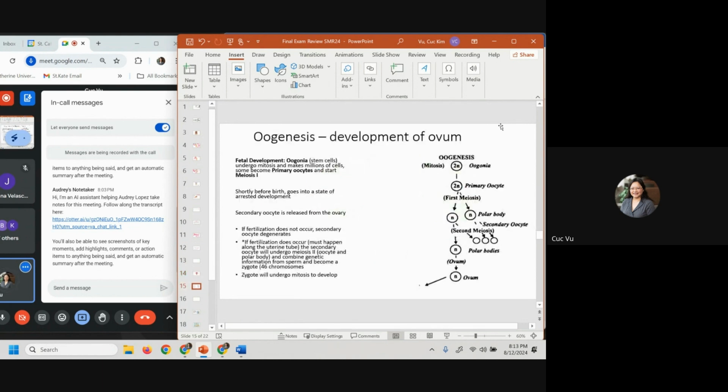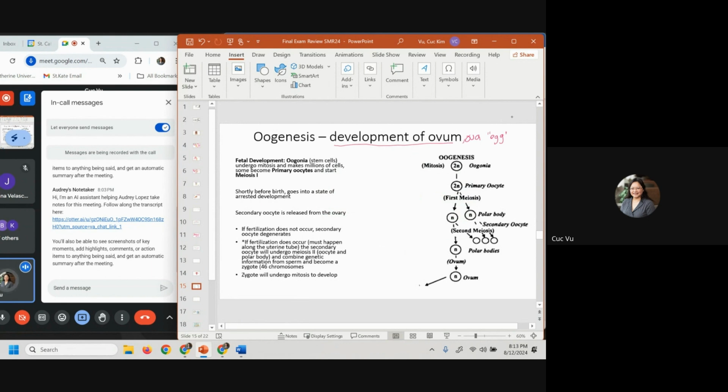Okay. So that brings us to oogenesis. You can pronounce it any way you want, but essentially it's the development of an ovum. Ovum is single, ova is plural, and then we use the term egg once it's released. Okay. Now, there are some very interesting facts about this process that distinguish it as female, where men go through a different process.